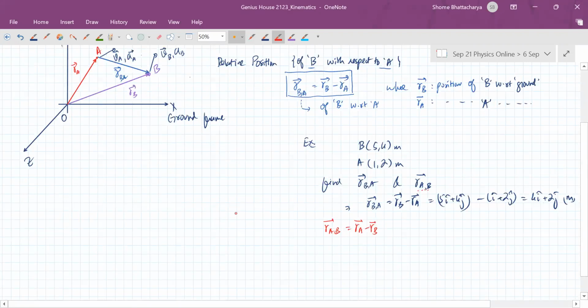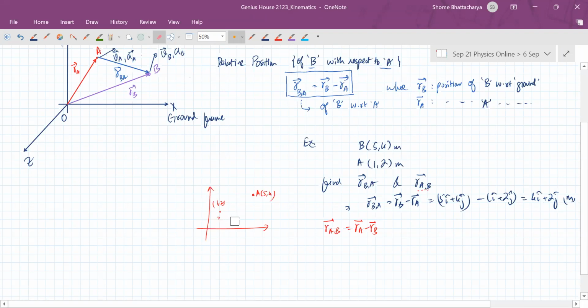So in that same diagram or a similar diagram, if A is, for example, located at (5, 4), so A is probably somewhere here, and B is located somewhere here at (1, 2). So the position of A with respect to B, oh sorry, it's the other way around.